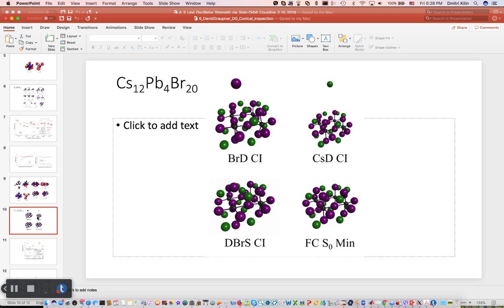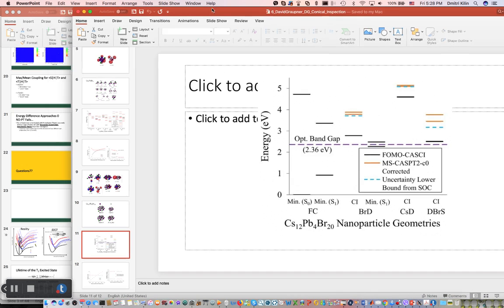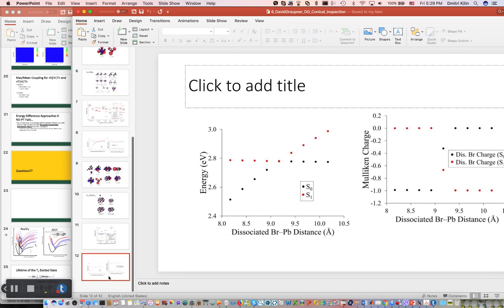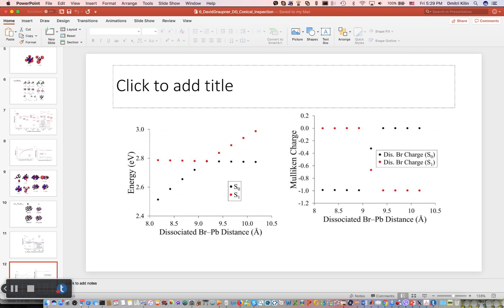When it's higher than 10, it starts to increase a little bit again. But there are no interactions between bromine and lead, right? There's going to be little interaction involved. Yeah, there's going to be little to none at that distance.